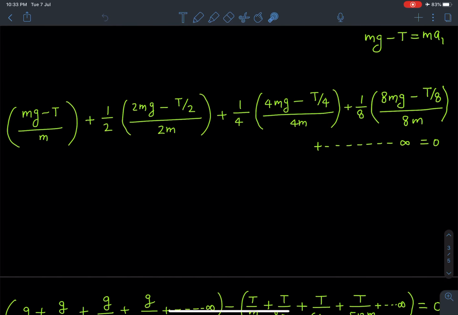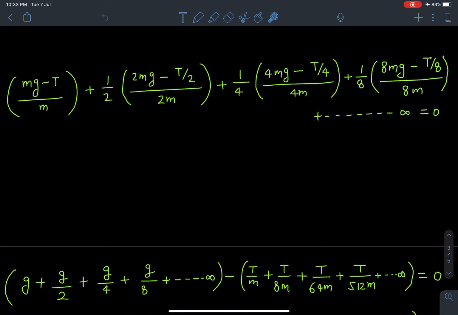Now we are going to separate these terms. In the expression, m gets cancelled, 2m gets cancelled, 4m gets cancelled, 8m gets cancelled. So the positive terms become g plus g by 2 plus g by 4 plus g by 8 till infinity.